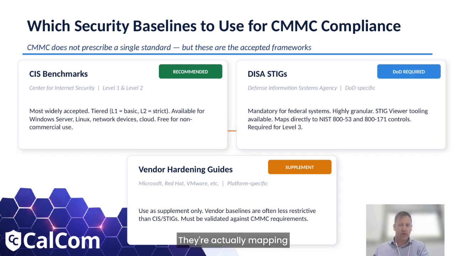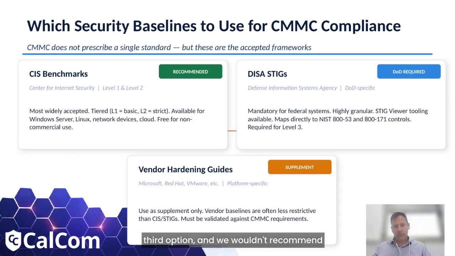They actually map in some cases to NIST 800-53, so if you are implementing these STIGs, you should also be NIST 800-53 compliant. Right now, for level 2, they're not mandatory. They might become mandatory for level 3, but it is still a bit early to say. For level 2, CIS benchmarks should be enough.